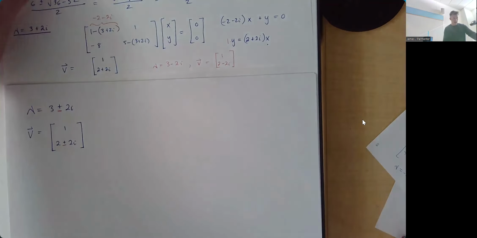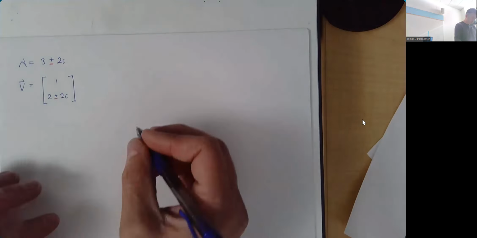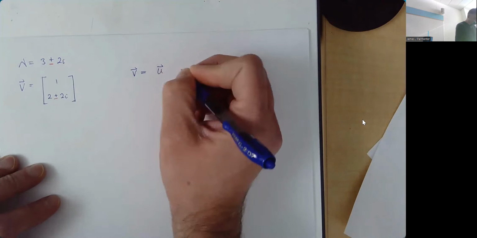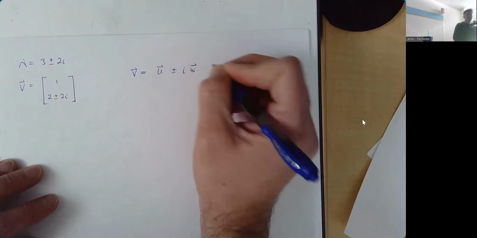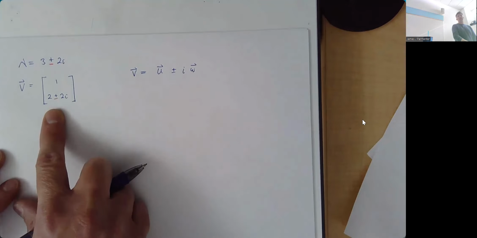Okay, so now we're going to use the formula. Here's what we do. We need to write first your eigenvectors as a vector of real things plus or minus the vector of imaginary things. So we're just going to break this up into the real part plus the imaginary part.